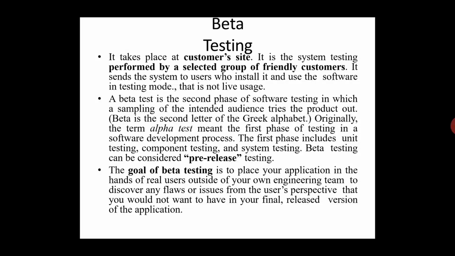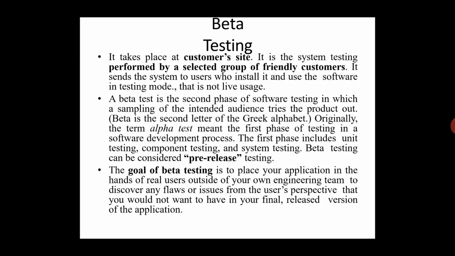A beta test is the second phase of software testing in which a sampling of the intended audience tries the product out. Beta is the second letter of the Greek alphabet: alpha, beta, gamma.